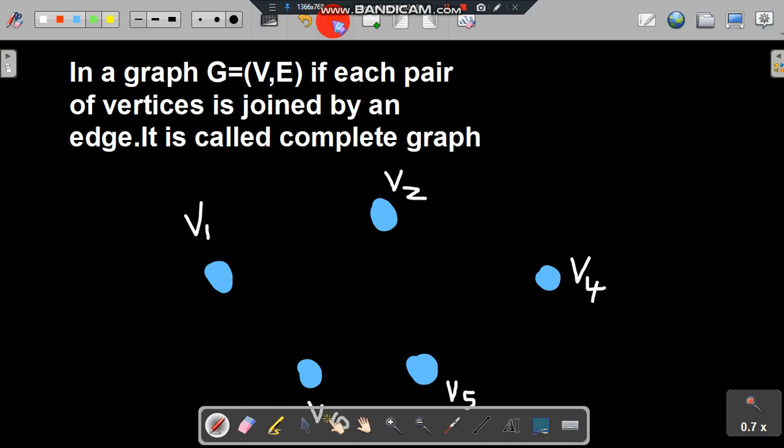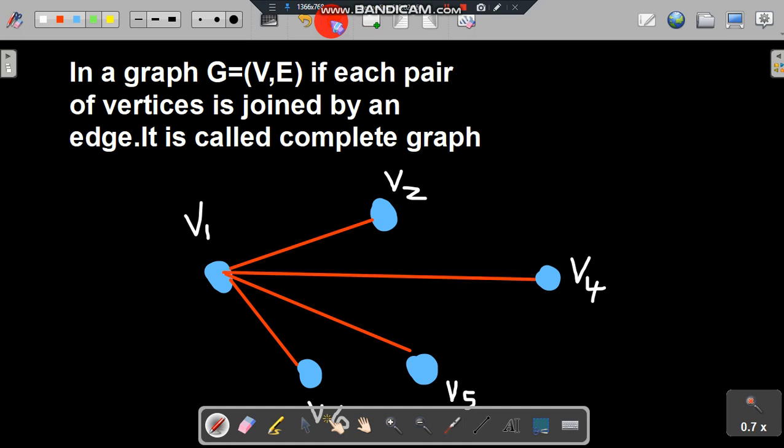Now I am joining each and every vertex by edges. Now look at that. V1 and V2, I have drawn one edge. V1, V6, another edge. V1, V5, third edge. V1 and V4, fourth edge.